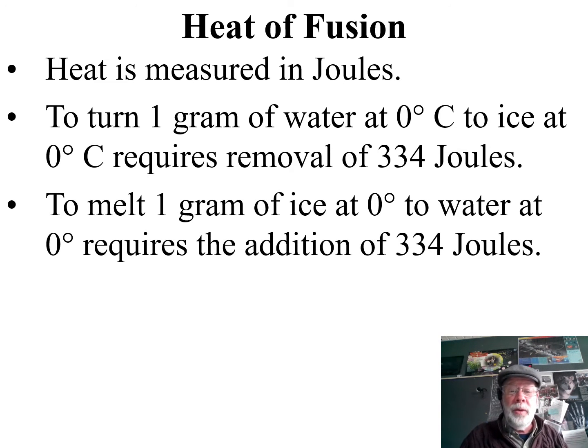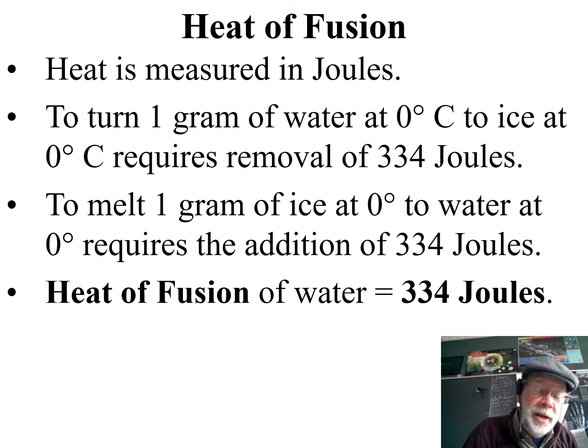If I want to melt that ice, I need to add 334 joules of energy. So the heat of fusion of water is 334 joules. And that's per gram of water.